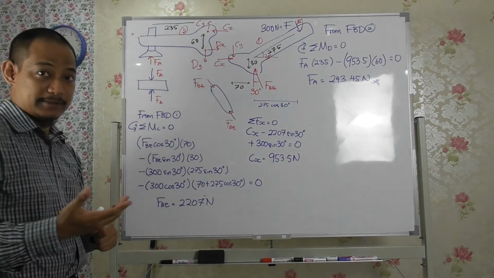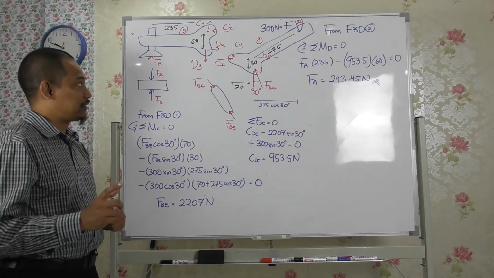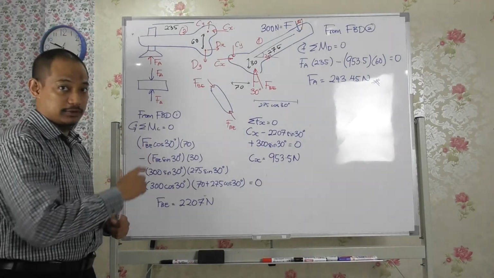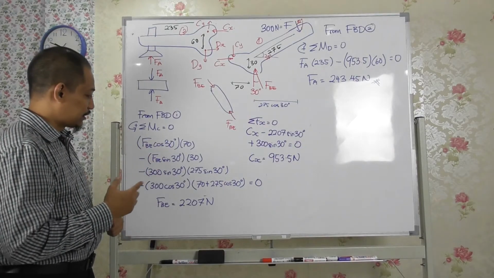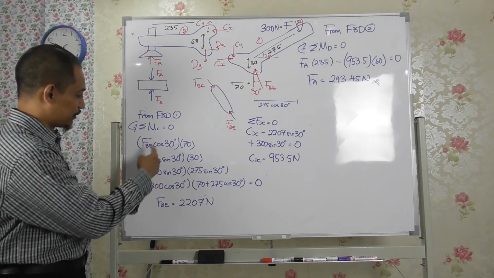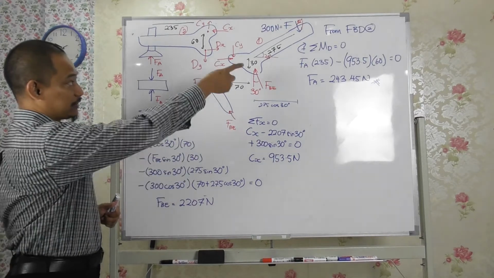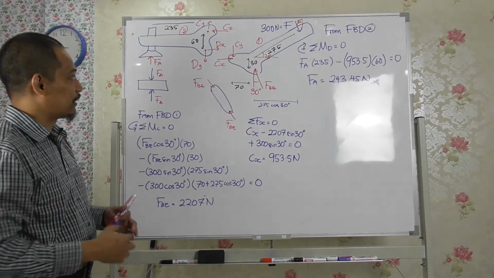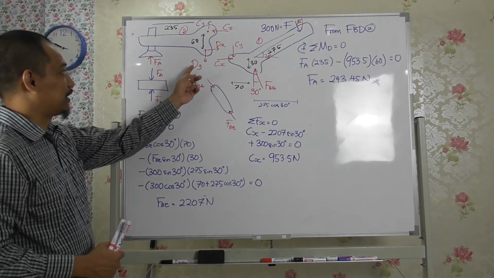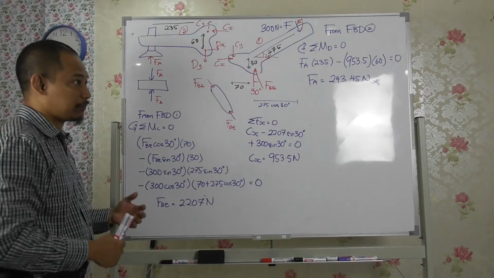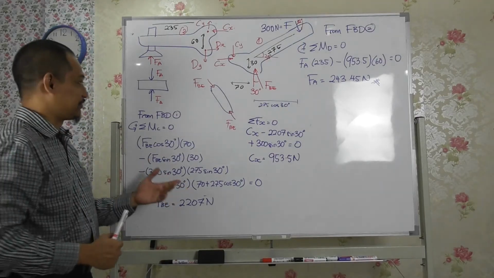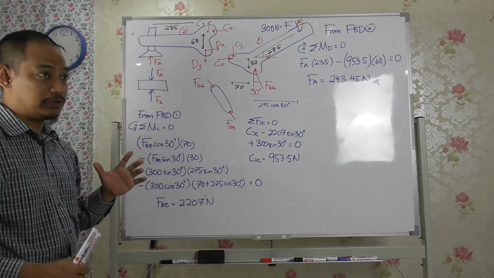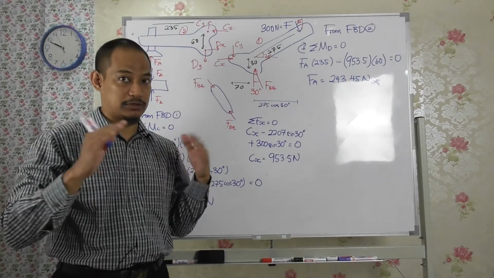So as you can see, if you can correctly draw the free body diagram for this question, the calculation is not long, because you have one equation here, another equation there, right? You do not need to solve everything. You do not even need to calculate Dx, Dy, because the question specifically asks for this. So make sure you spend at least 1 minute just to strategize.